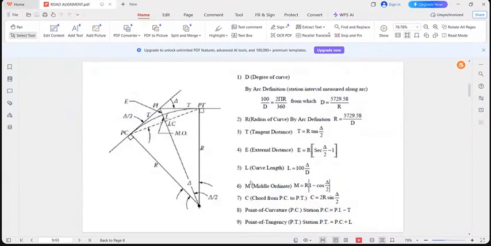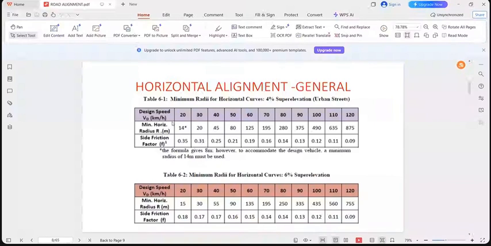So I think you can even go back and look at these tables. The minimum radius of 14 meters means that the design speed in that particular case will be 20 kilometers per hour for a superelevation of 4%. If we have a superelevation of 6%, we shall have a minimum radius of 15. This is something which should be in your brain as engineers.